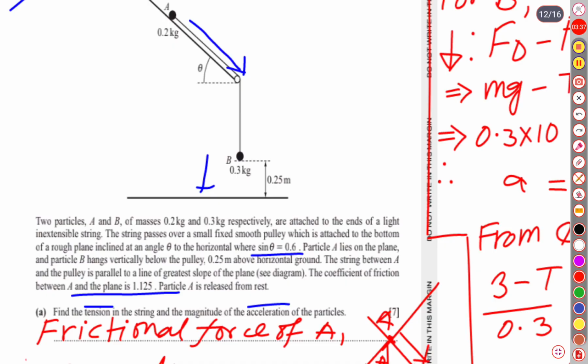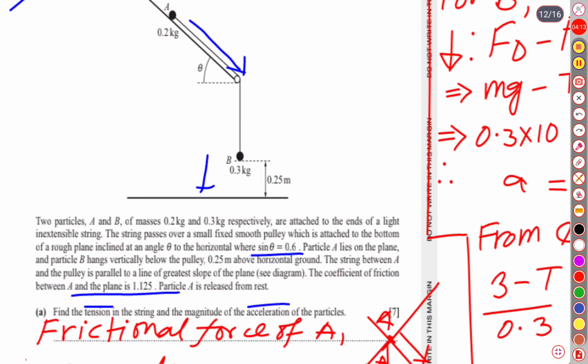Before we solve the main part, we should first find the frictional force. About particle B there is no issue, it's just hanging downward. But for the plane on which A lies, which is rough, whenever the word rough surface is mentioned, we know we will have to find the frictional force.